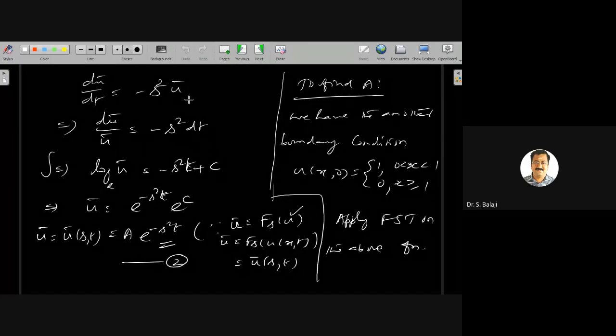Then log u bar equals minus s square t plus c. Then u bar equals, taking the exponential, e power minus s square t times e power c.